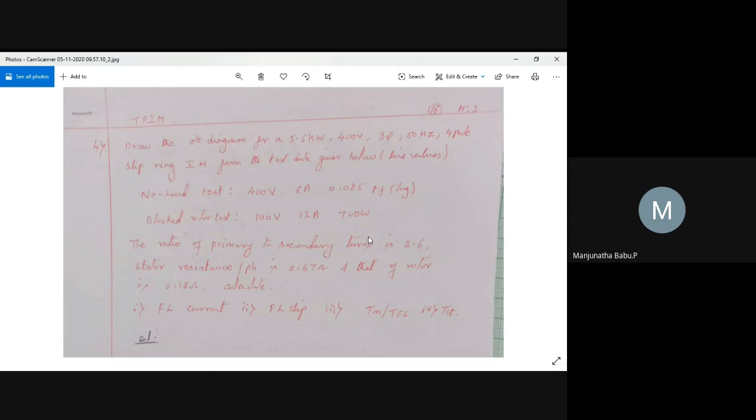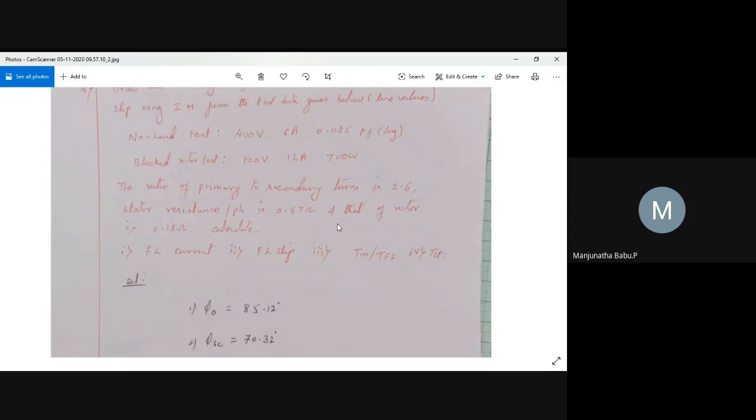Stator resistance per phase is 0.67 ohms and that of rotor is 0.18 ohms. Calculate full load current, full load slip, maximum torque to full load torque ratio and starting torque.